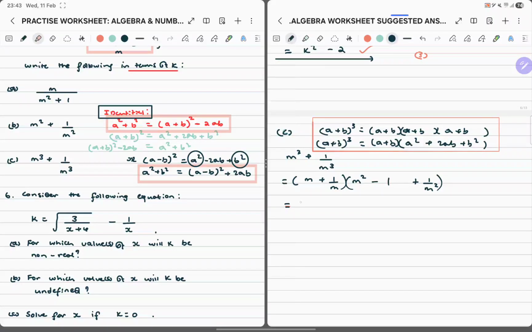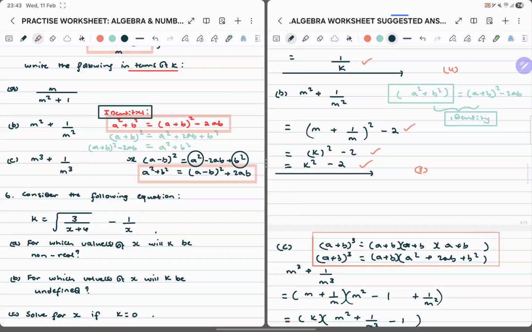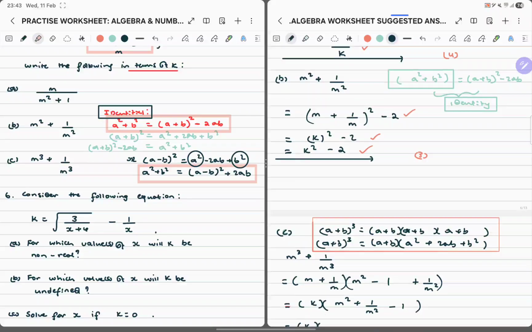Now, folks, we can appreciate that this is k into m squared plus 1 over m squared minus 1, right? So this is k. Now, what did we say was this above? m squared plus 1 over m squared, we said is k squared minus 2.